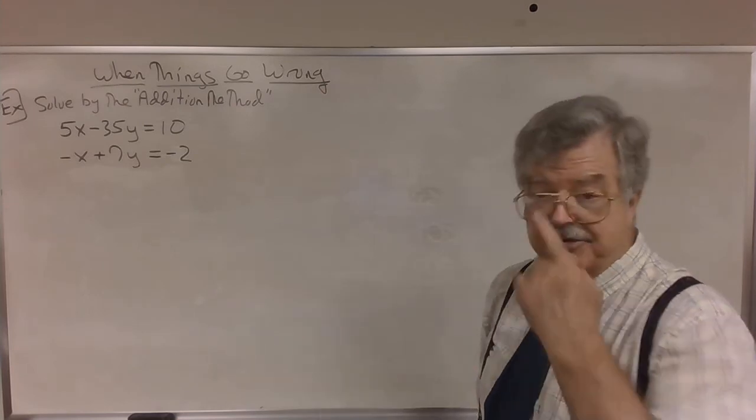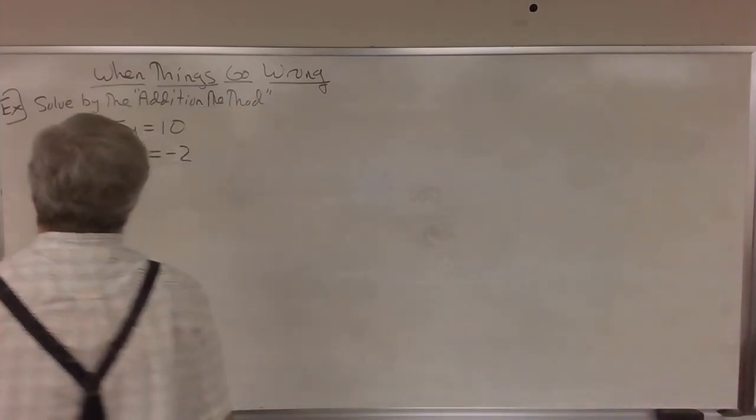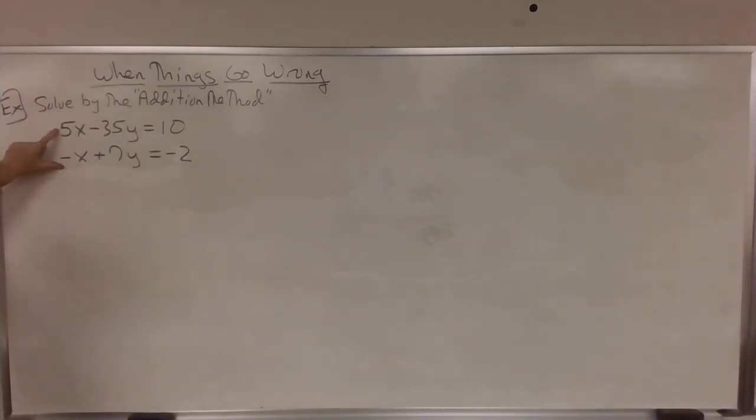Let's do the addition method. I want these x's to kill one another. And so I'm looking at this and I say, if I multiply the second equation by plus 5, I'll have 5x here, negative 5x here. The x's will wipe each other out. So that's what I'm going to do.